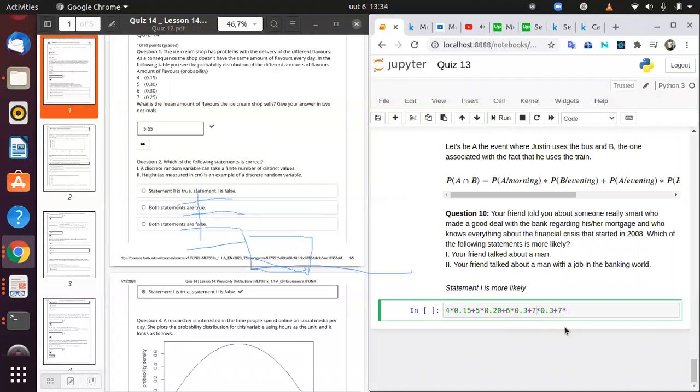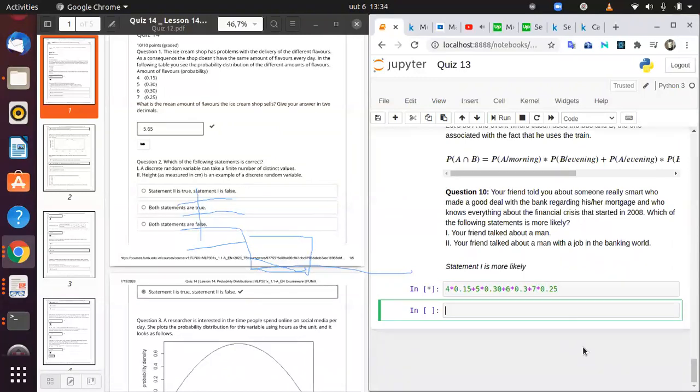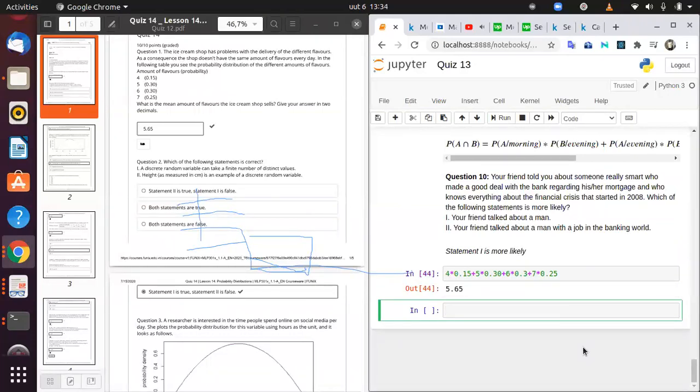So 7 times 0.25. 15, 30, 6, 25. Oh, typo. Okay, it gives you a result. Yes, I see.